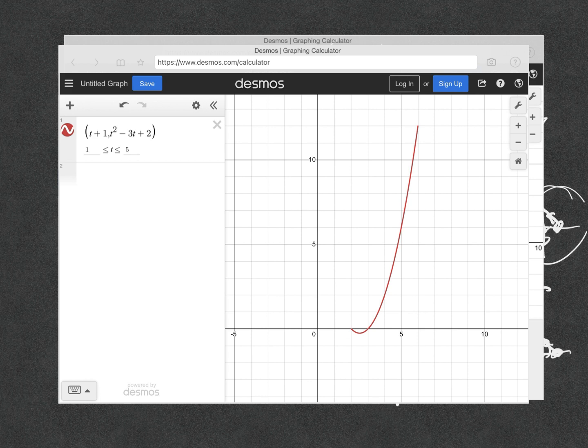Now, in the same way, if you put some sort of object on here and you say, move that object according to this parametric equation, then you would see that object move on this track.